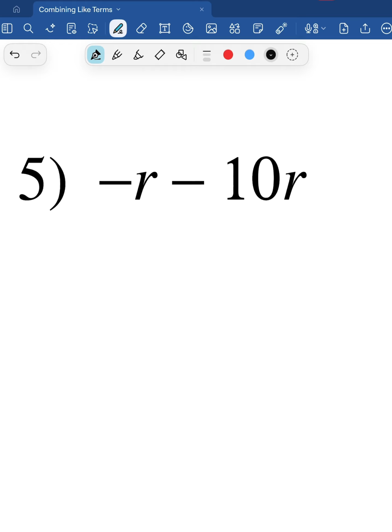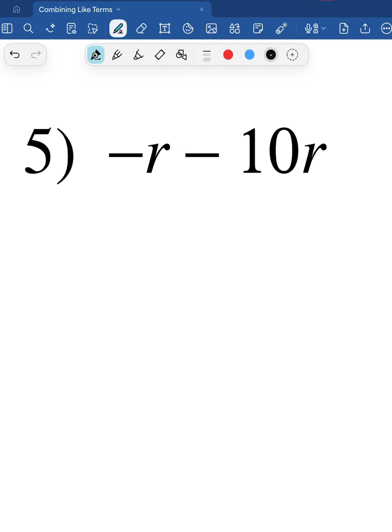So this one is a common mistake here. I'm going to rewrite this and say, you know what? A -r, that's the same as -1r. You can simply write it as a -1r minus 10 r's. So if we had -1, these are like terms, right?